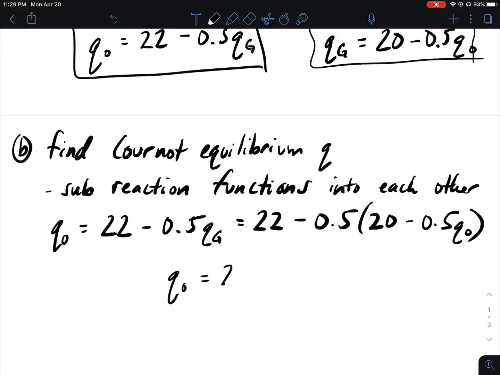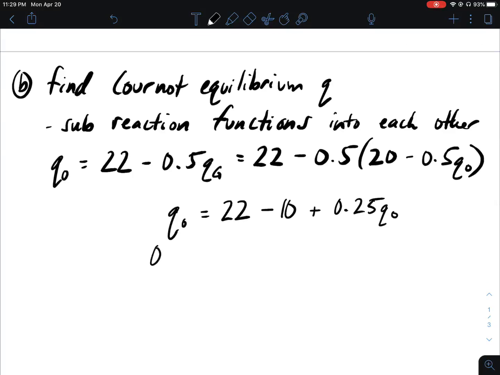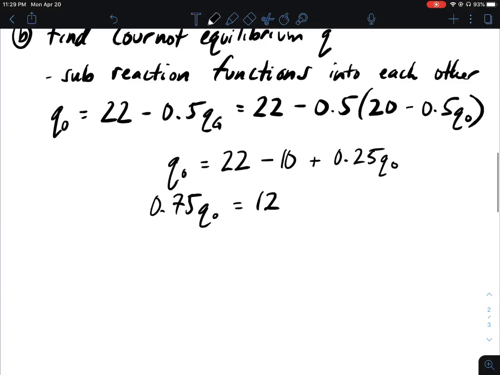Simplifying that a little bit, we have QO equals 22 minus 10 plus 0.25 QO. Simplifying again, 0.75 QO equals 12. And so QO should equal 16. So that's our Cournot equilibrium for Oil Pro.